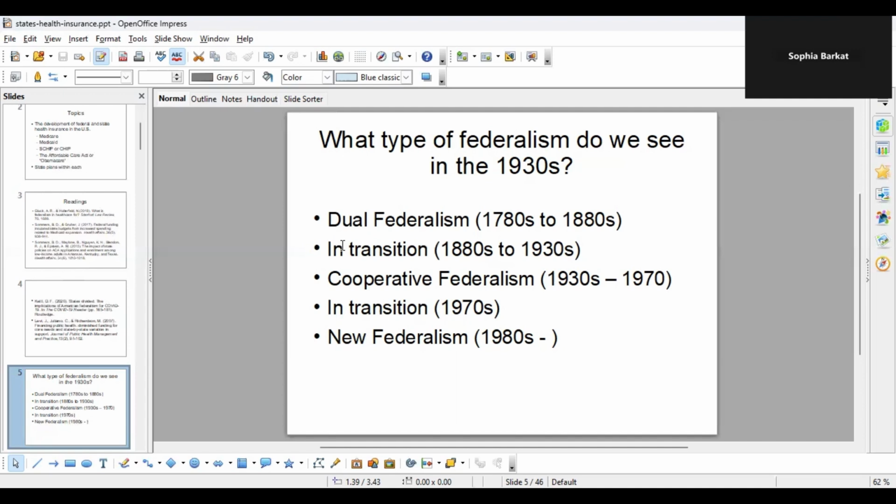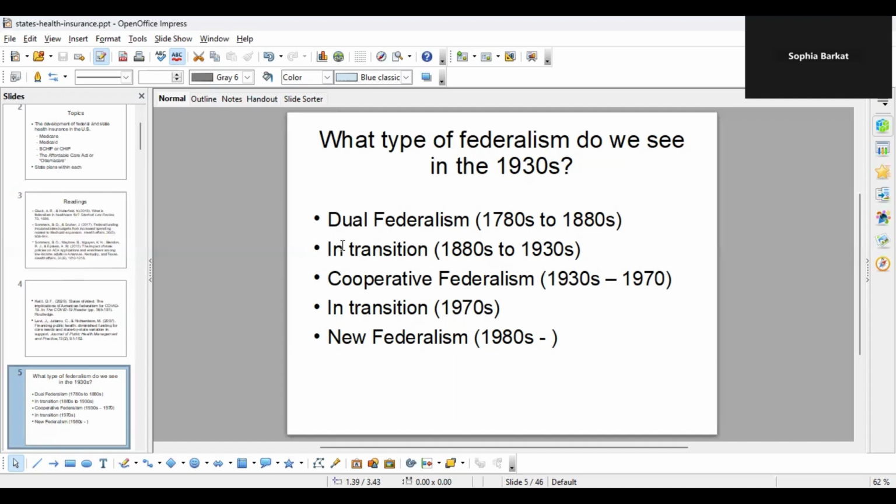So cooperative federalism is essentially promoting two ideas. One, that the federal government needs to play a bigger role than it usually does in the lives of people. And two, it needs to start funding state governments because state governments just do not have enough money to do what they need to do with their reserve powers, right?